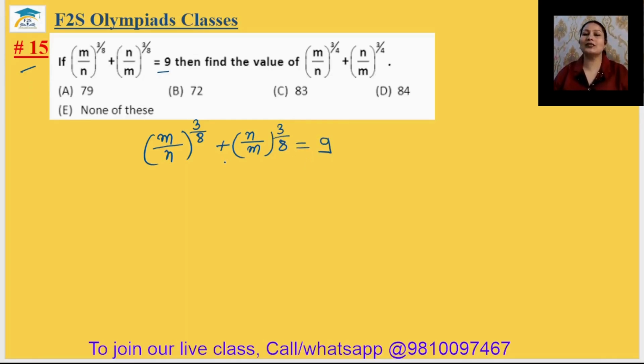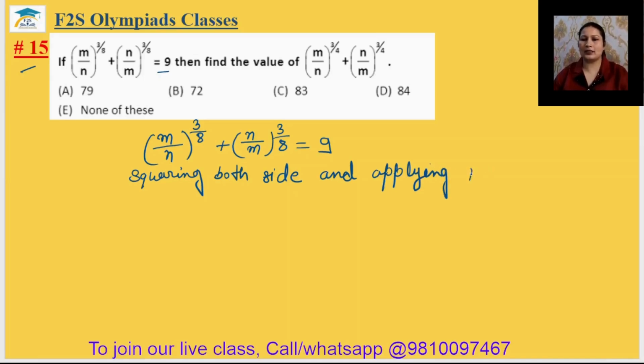What we will do here is square both sides, LHS and RHS, and apply the identity (a + b)^2 = a^2 + 2ab + b^2.